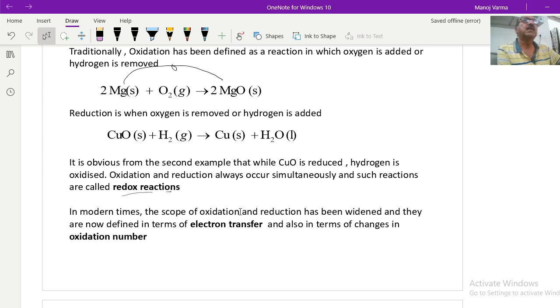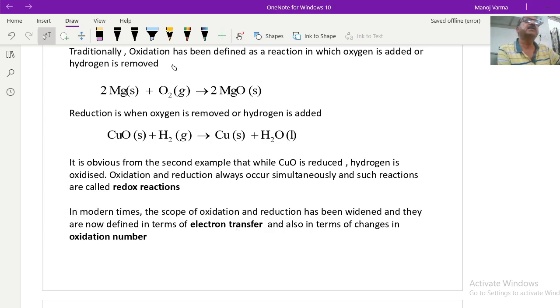It has been found that it is much easier and universally applicable when you define oxidation and reduction not in terms of the addition or removal of oxygen, but rather in terms of electron transfer. The reason is that in all the reactions that take place, it is actually the electrons which are involved. So we should rather define oxidation and reduction with the help of electron transfer.